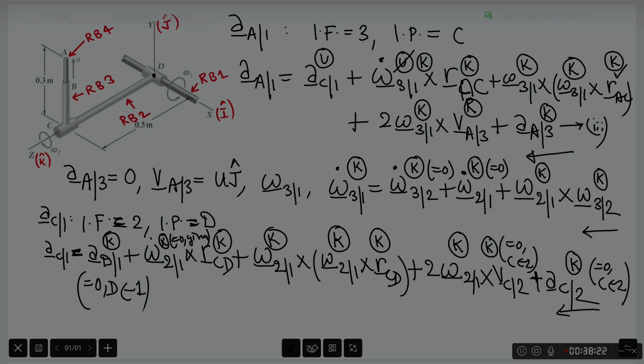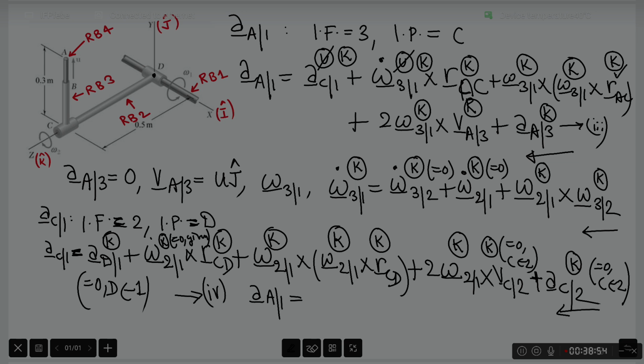So my conclusion is that everything on the right hand side of equation number 4 is now known, which means AC1 is known, and I will go back here and strike off U and write AC1 as known. Now if you observe equation number 3, everything on the right hand side is known, so eventually you will be able to find AA1. AA1 is now a known quantity.